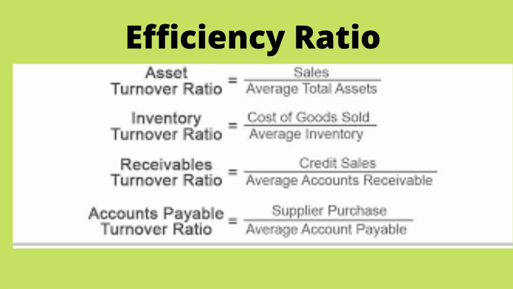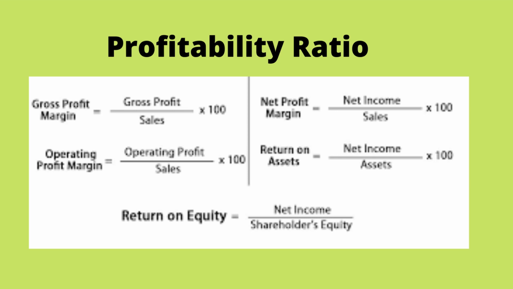Questions on the asset turnover ratio and inventory turnover ratio come in exams, whether SLET or NET. So it is important. The various profitability ratios are gross profit margin, operating profit margin, net profit margin, return on assets, return on equity. You can see the formulas here, and please remember these formulas. It is important for your exam.